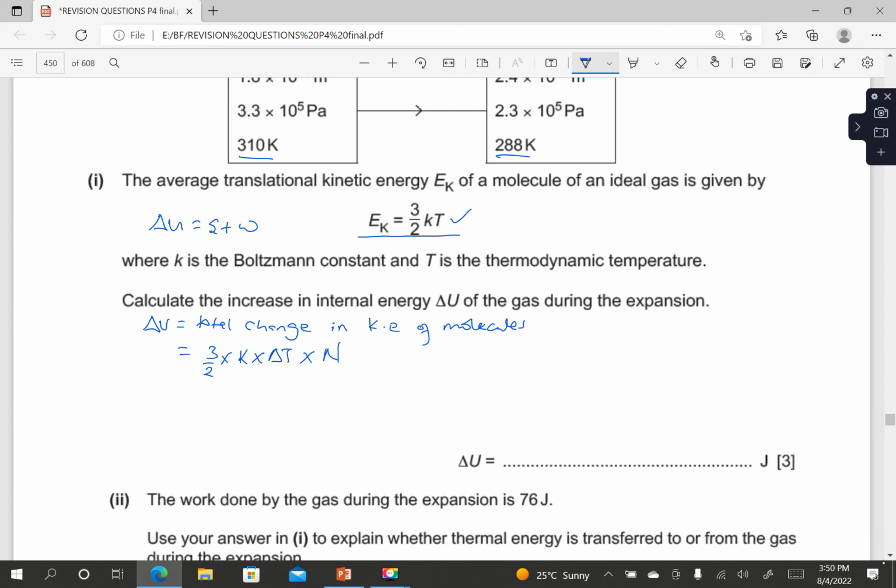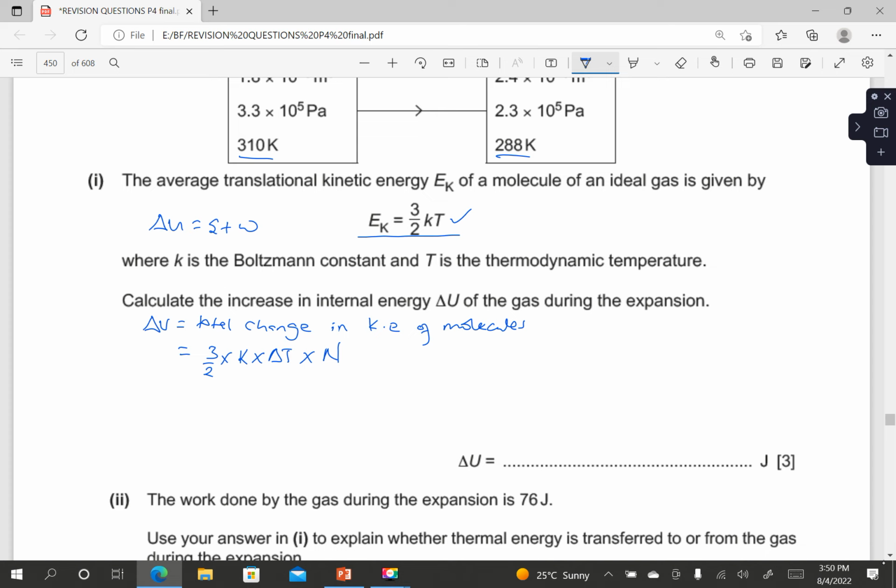We don't need to be a genius to think that the change in internal energy will be a decrease, because the temperature has decreased. After all, temperature affects the average kinetic energy of the molecules. If the average kinetic energy of molecules has decreased, it means the total kinetic energy of molecules has also decreased. Therefore, the internal energy has also decreased.